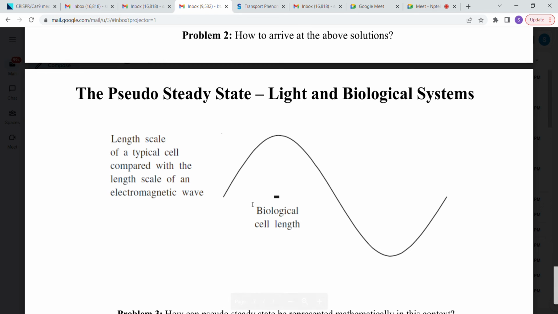As you know, pseudo steady state has been explained well when diffusion was discussed, in terms of a car assembly line. It's simple, right?